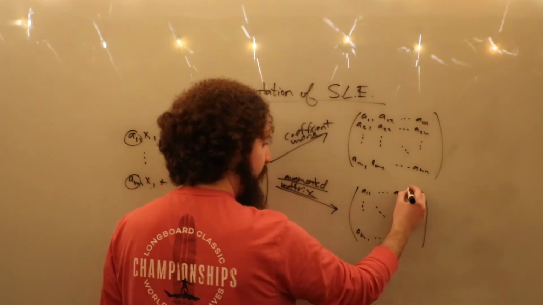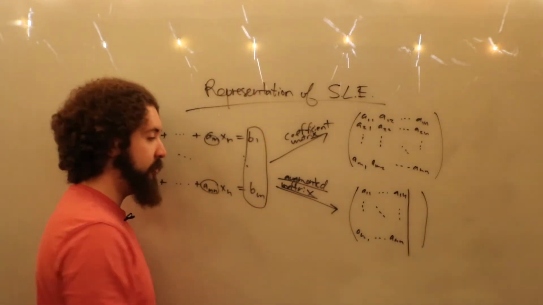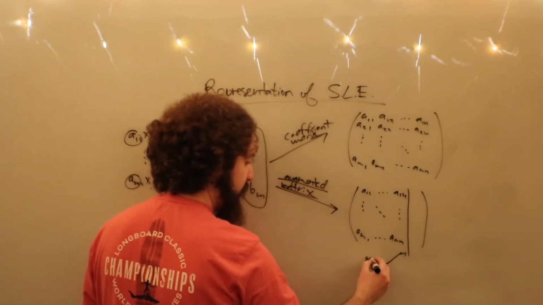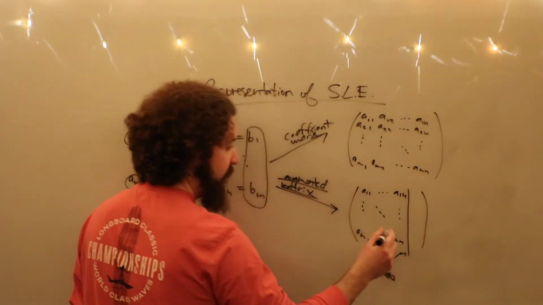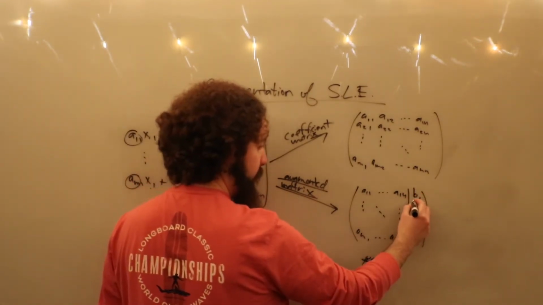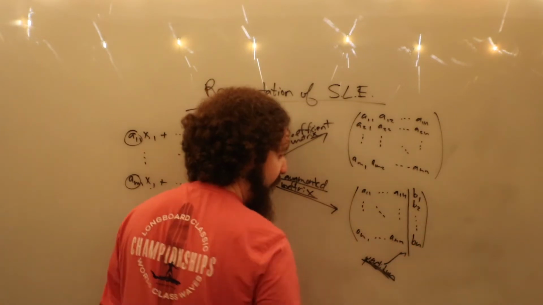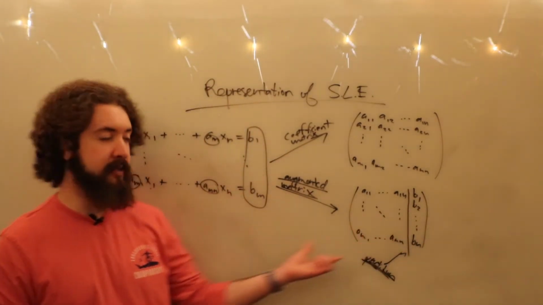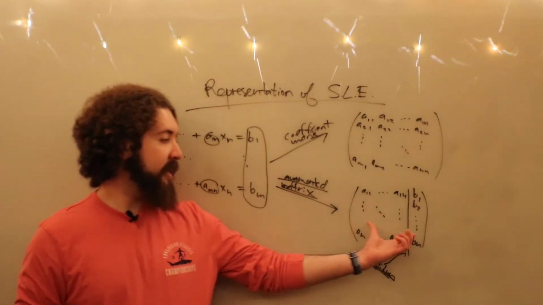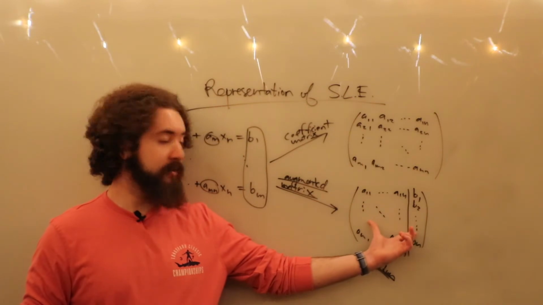And then we put this line in, which is called a partition of the matrix. And then we put our B1, B2, etc., all the way up to Bm. And this matrix, the augmented matrix for our system of linear equations, contains all the essential information about it, and this is what we will be using to solve it.